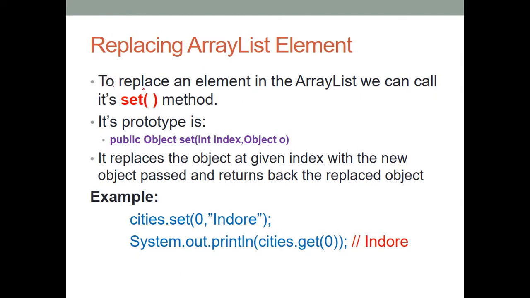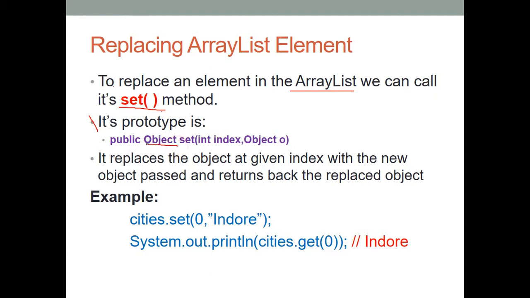To replace an element in an ArrayList, it's very simple. We can call a method called set. You don't have to think too much, you just call the method set. How can you call this method? First you have to know the prototype of this method. The prototype is public Object set.